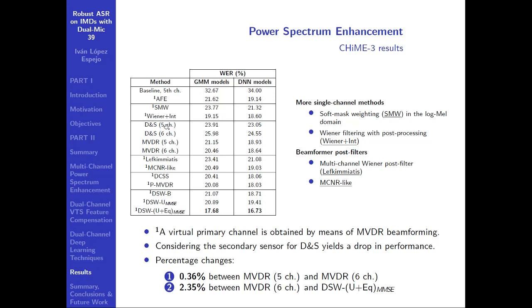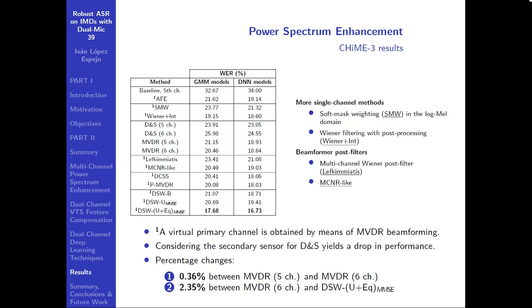Furthermore, 5 channels means that the 5 front sensors in the tablet are being considered, while 6 channels indicates that also the secondary sensor is being employed along with all the front microphones. Thus, while considering the secondary microphone slightly improves NVIDIA beamforming, similarly to what happened in the case of the Aurora 2 CCTFT corpora, considering the secondary sensor for delay and sum yields a drop in performance.